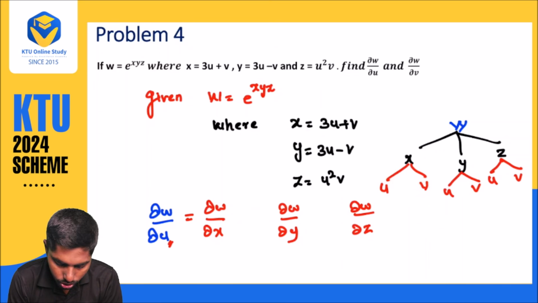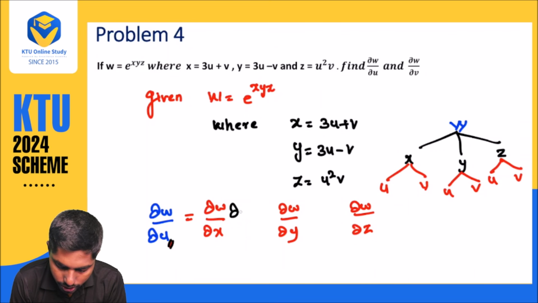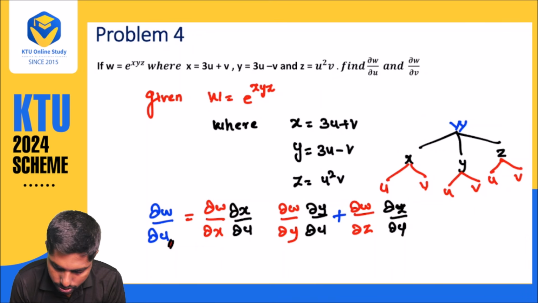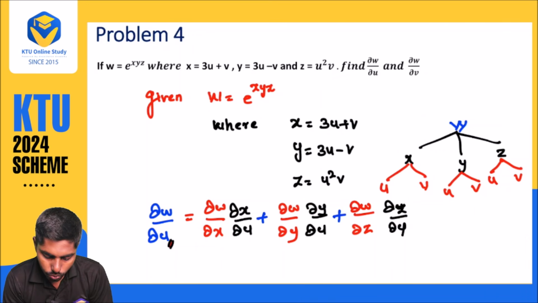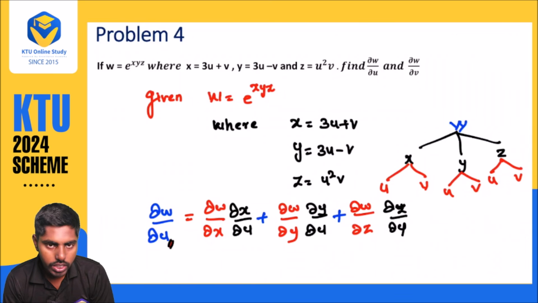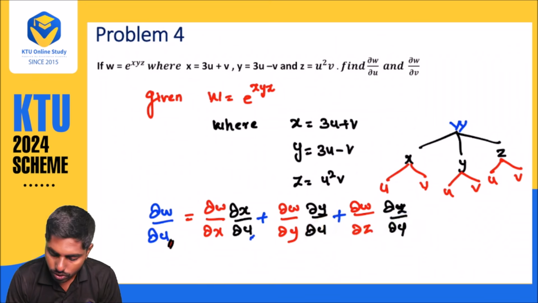With respect to U, they are asking, so dou X by dou U, and here also dou Y by dou U, and dou Z by dou U. Now just add the plus symbol. Here they are asking about dou W by dou U, that's the reason I am writing with respect to U everywhere.